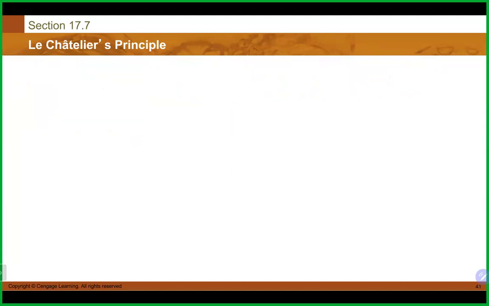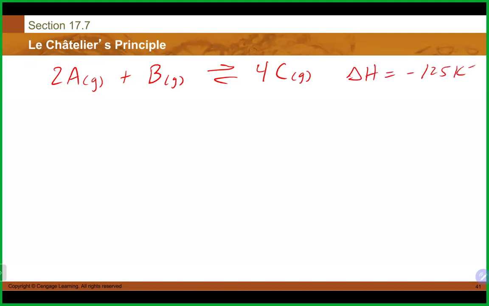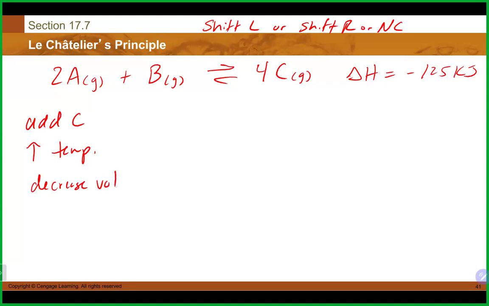All right, so let's try one here. Let's go with 2A plus B goes to 4C. Let's go with the delta H is negative 125 kilojoules. All right, so for each of these situations, again, will it shift to the left, shift to the right, or no change here? All right, we're going to add C. We're going to increase the temperature. We're going to decrease the volume.